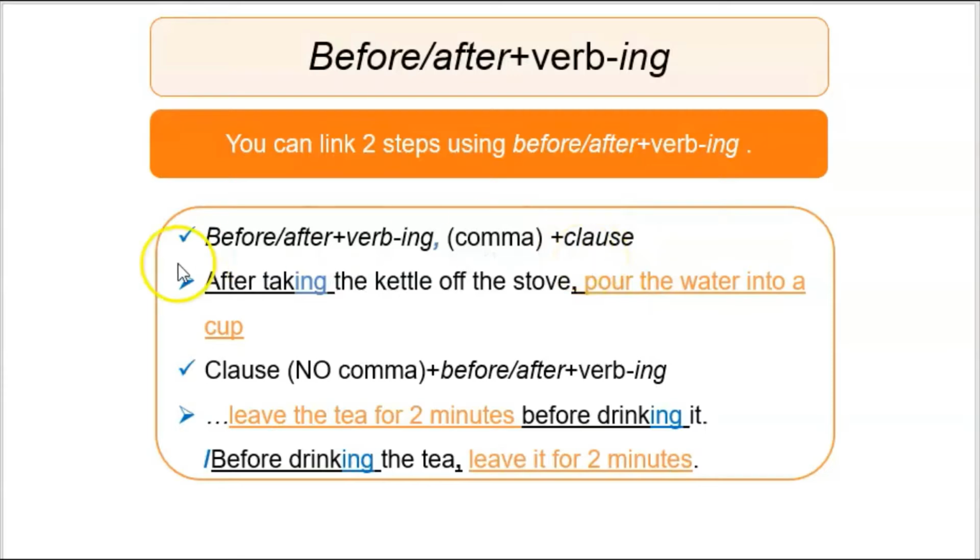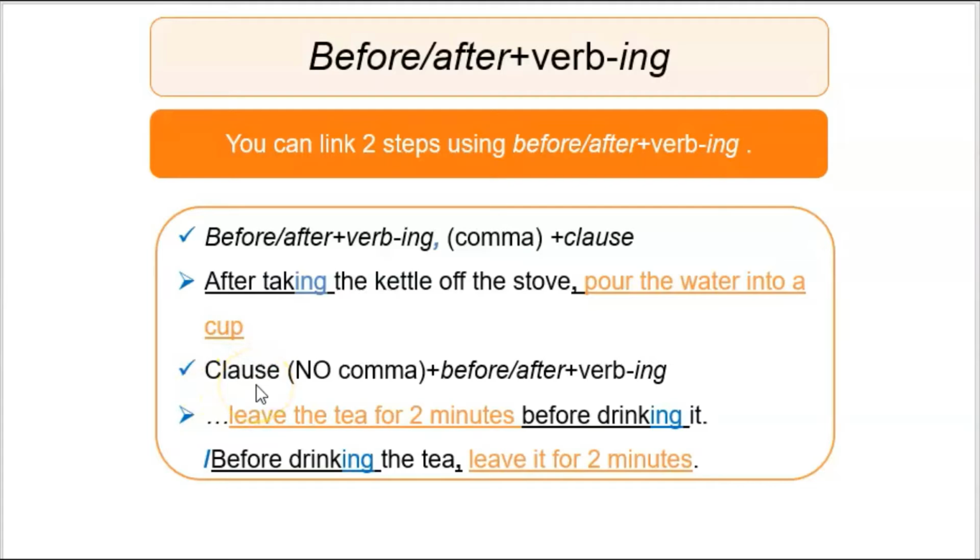For example, after taking, right, there's your verb-ing, taking the kettle off the stove, then the comma, right, and then the clause. Pour the water into a cup. Okay, now you can also do this the other way. You can start with the clause, right?